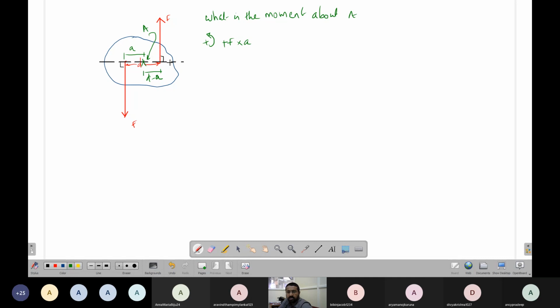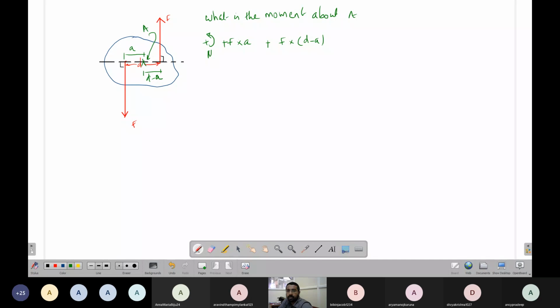Due to the second force, the moment is force into the perpendicular distance D minus A. This is also anti-clockwise, so also plus.